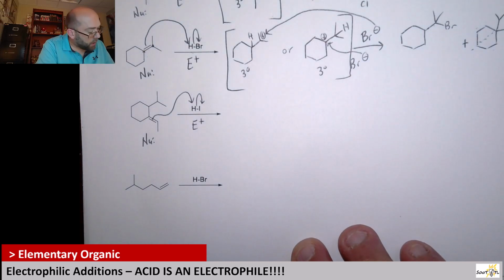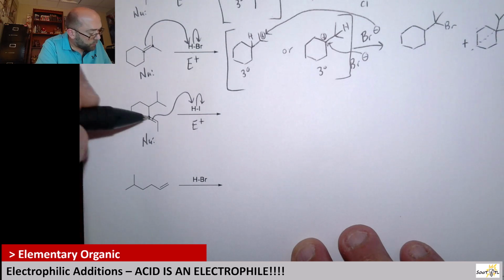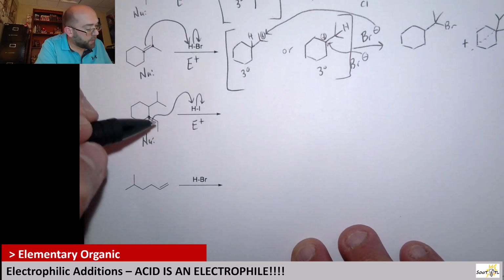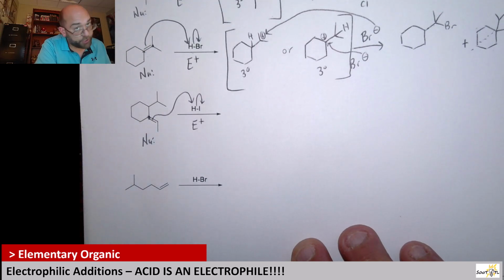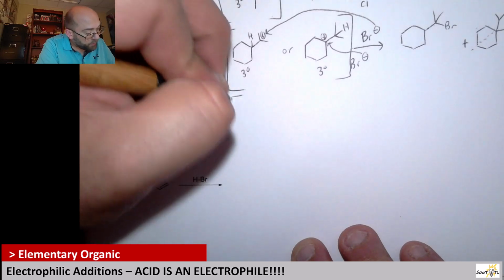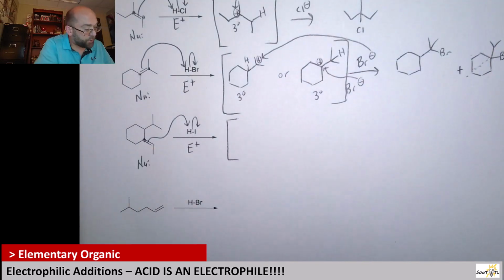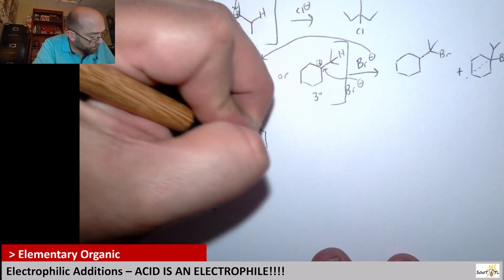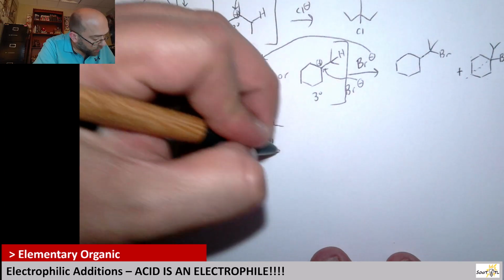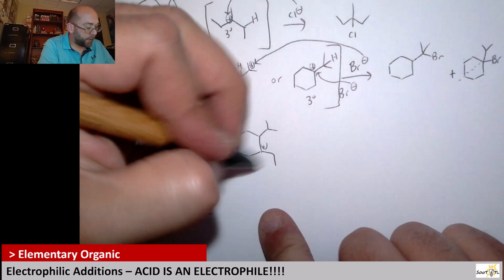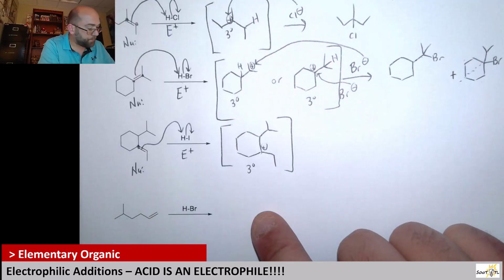Okay, so if we look, this has 1, 2, 3 carbons connected, so that would give me a tertiary carbocation. This carbon has 1, 2 connected. That would give me a secondary. And remember, tertiary is more stable. So I'm just going to focus on writing the more stable one, the tertiary one. So that would be a plus charge there, like so. So that gives me the tertiary carbocation.